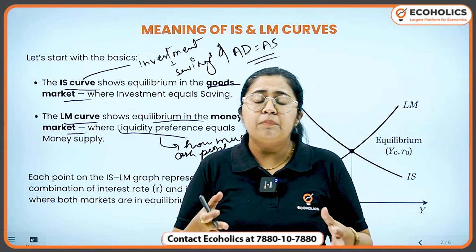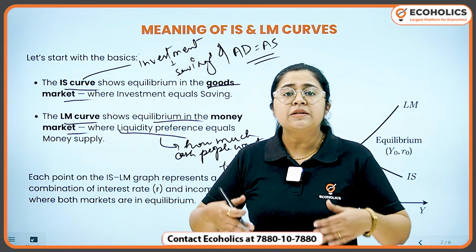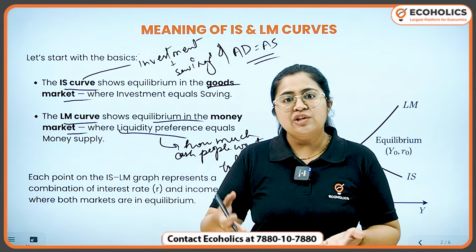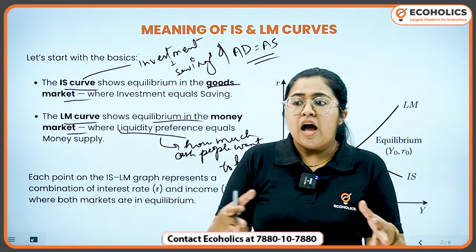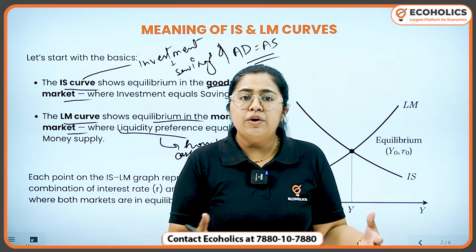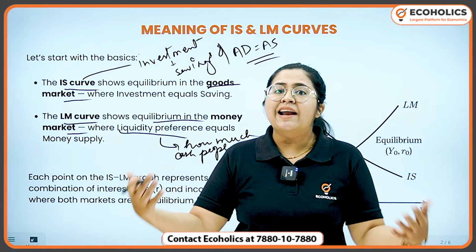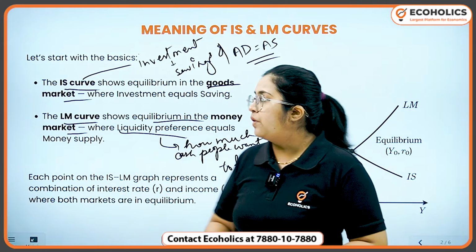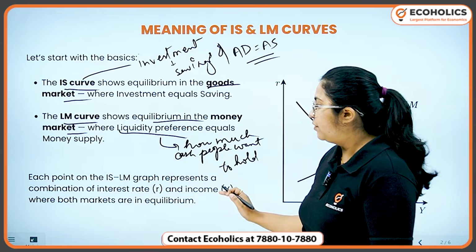How much money do people want to hold? When we say how much they want to hold, it means what their liquidity preference is, how easy they want their liquidity to be, and what the characteristics of this liquidity are. So we are going to talk in depth about these IS and LM curves, okay.